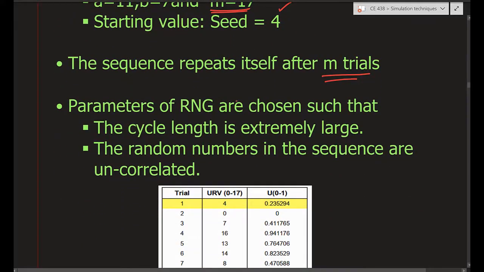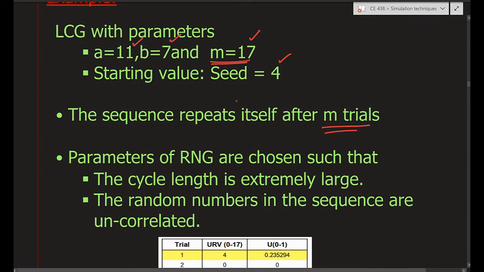The parameters of random number generators are chosen such that the cycle length is extremely large. This means if I don't want to repeat my numbers, my m value should be very large, that is the cycle length m. We want the cycle length to be extremely large so that we don't repeat the random numbers. If I take my sequence very large, then these numbers will also be uncorrelated.